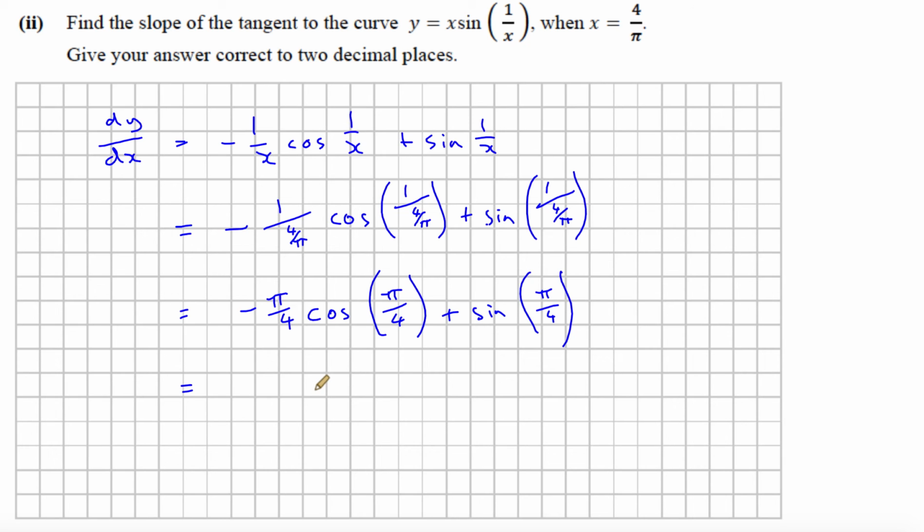It will give us a value of 0.1517, and on it goes like that. We want our answer correct to 2 decimal places, so we're going to look to the third digit after the decimal. Does this 1 affect the digit, the 5 in front? And the answer is no. So our answer correct to 2 decimal places is 0.15. And that's the end of the question.